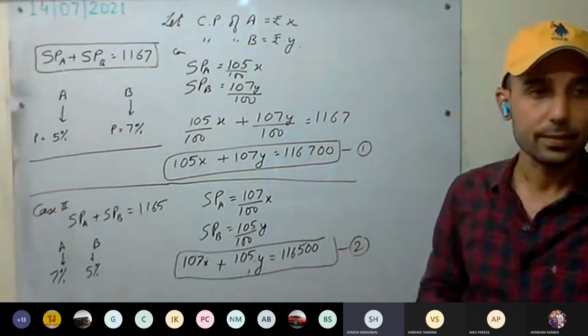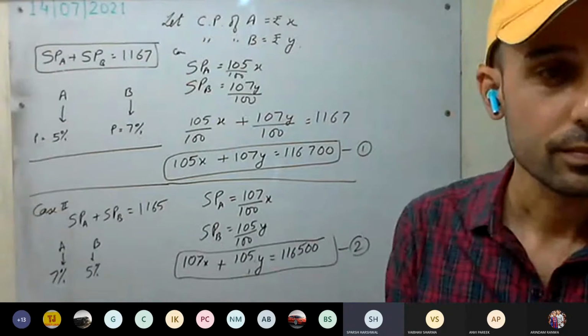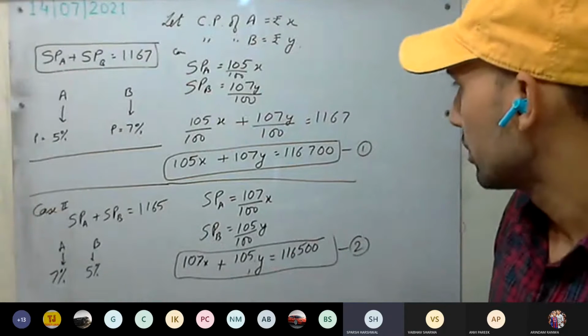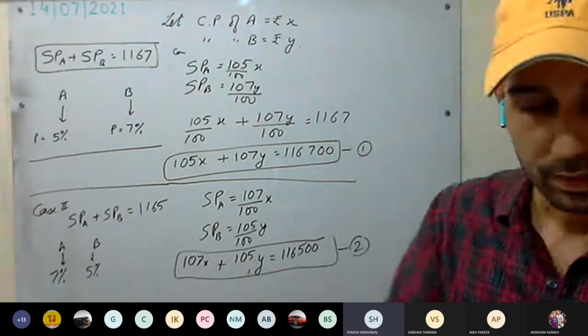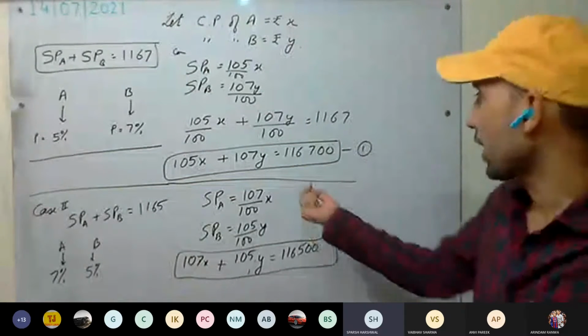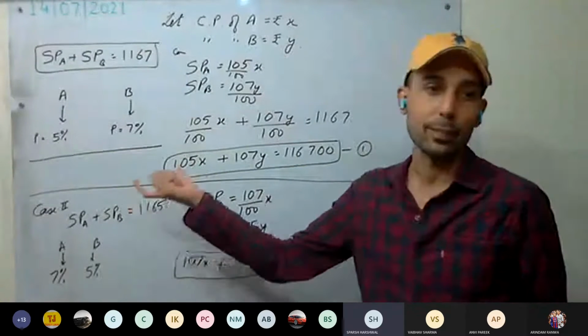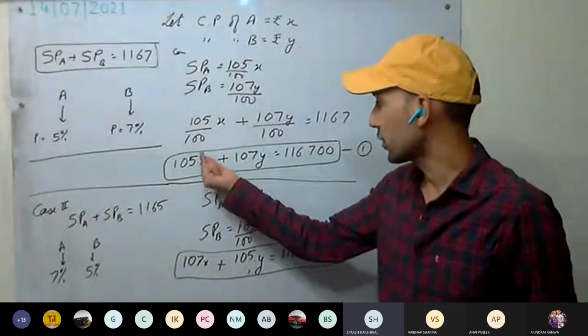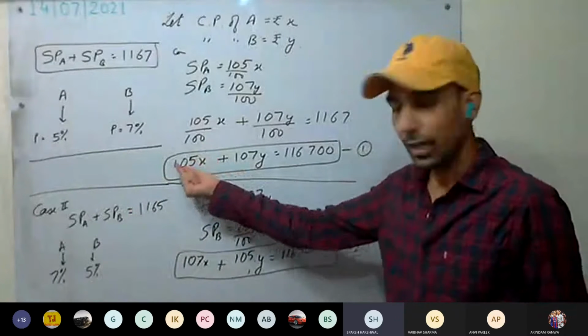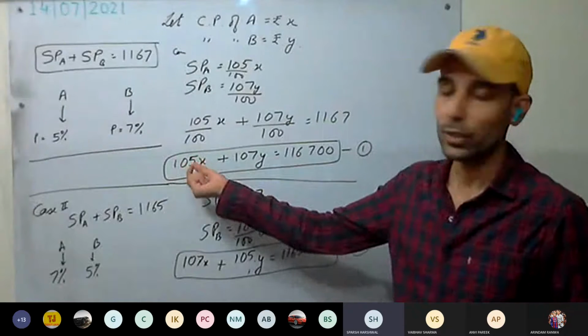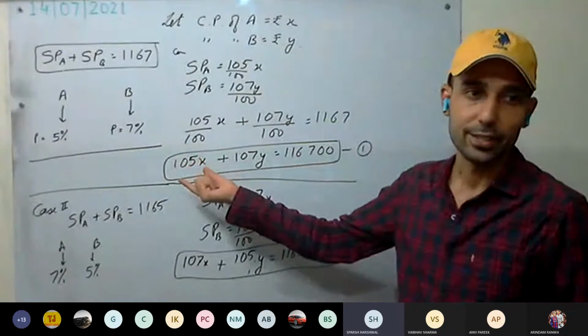Sir, we can do 107 and 105 square? Yes, you can do, but at last you have to multiply them. Like you are doing 105 square here, at last you have to multiply them because there is no cancellation.